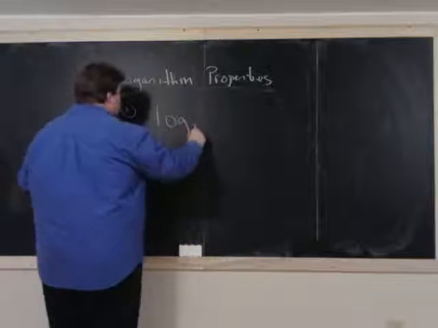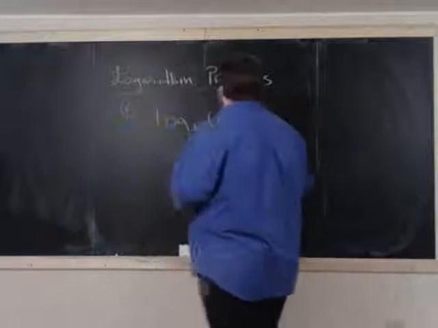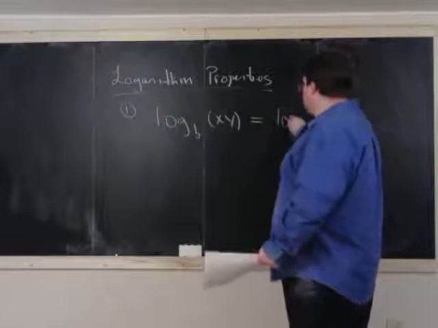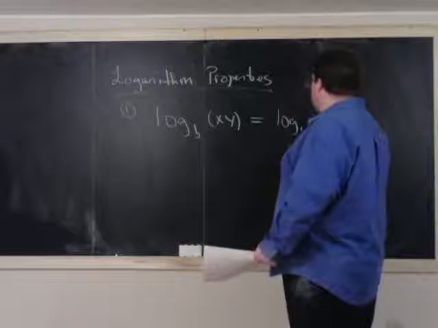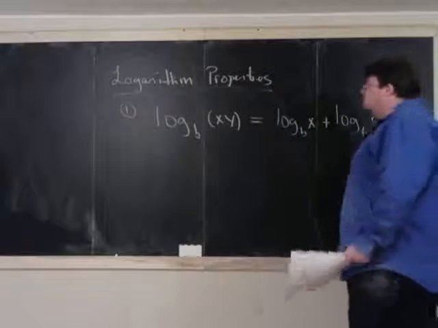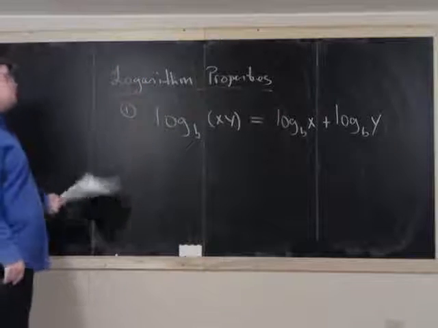Log with base b of x times y. The logarithm of something times another splits into the sum of 2 logarithms. Logarithm of a product splits into the sum of logarithms.